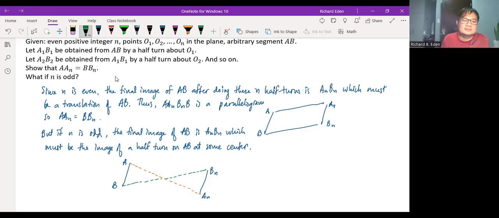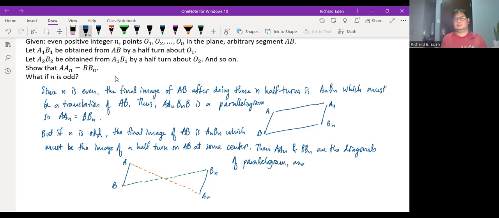They are not necessarily congruent. But what we do know is true, although this is not what the problem is asking for, is that A B sub n is the same as B A sub n.